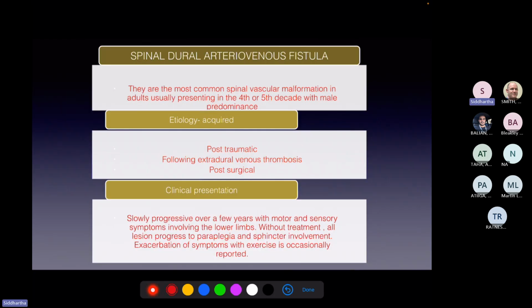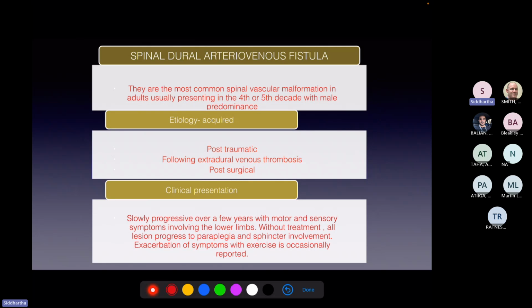So, spinal dural AV fistula anatomy, physiology and pathology. The shunt is usually a single fistulous communication between a radicular artery and an accompanying vein. It is on the inner surface of the dura at the level of the foramen between the pedicles, and it could be medial to it. It is commonly located in the thoracolumbar region, D5 to L3.